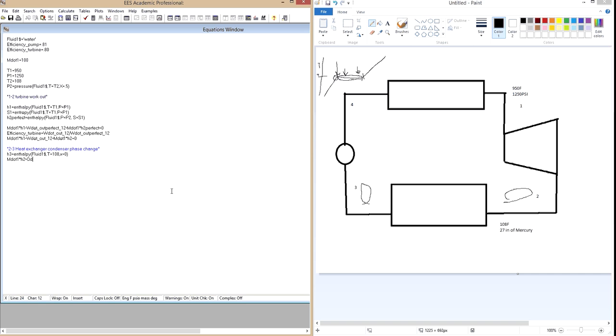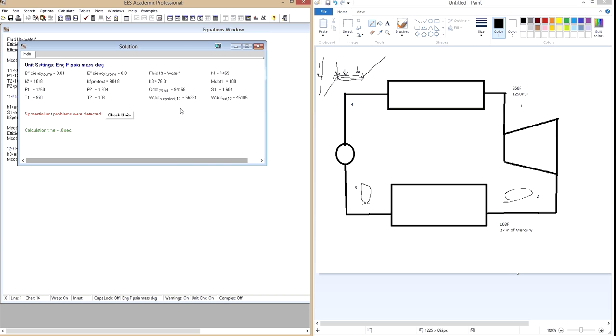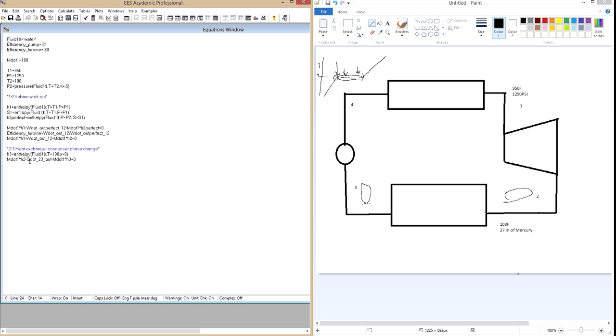So minus Q dot underscore 23 out. This is pretty descriptive. It tells me where my energy is leaving, the 2 to 3, and it's out. I'm also going to do a minus sign m dot 1 because our energy leaves, and now it leaves at state H3 equals 0. Wow, one equation, this heat exchanger solved for the Q dot out. Now this is with the m dot equaling 100, which is not true yet.